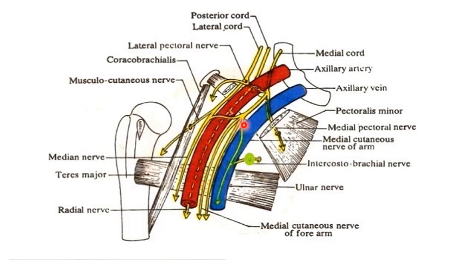So here the ulnar nerve is a little on the posterior plane than the medial cutaneous nerve of the forearm, where both are related to the third part of the axillary artery between the axillary artery and the axillary vein.